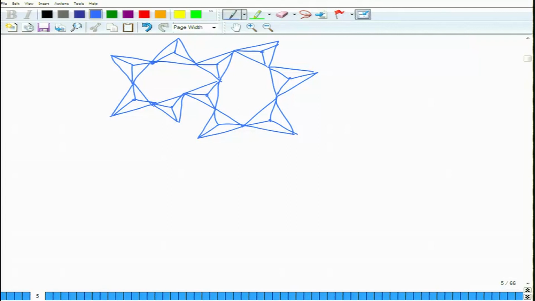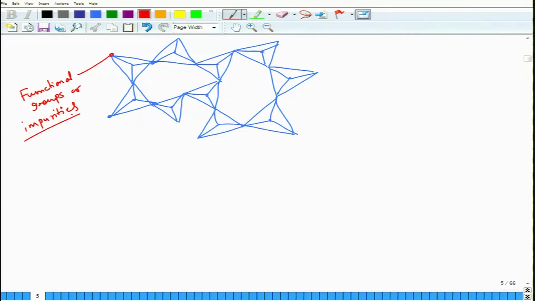In this case you do not see a neighboring polyhedron. This may have a sharing, but this will not have a sharing. So what happens in these cases is you attach what we call functional groups or impurity oxides.